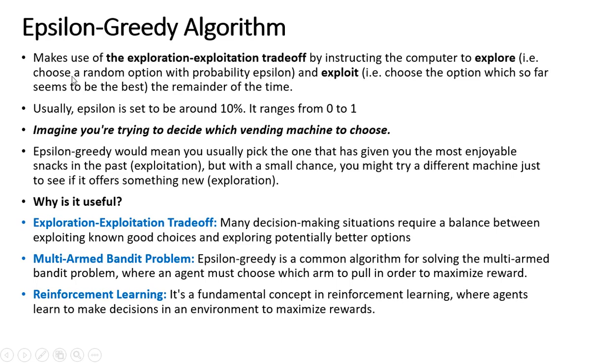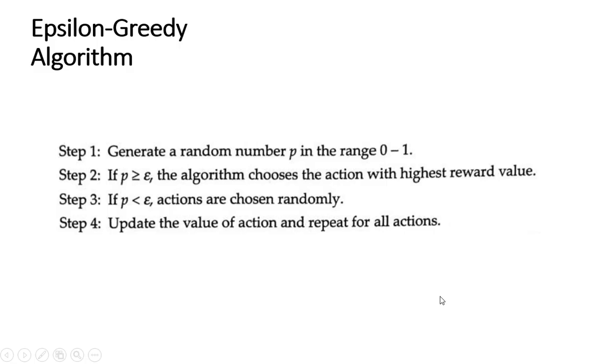It is going to explore the different possibilities. It is also going to use the exploitation approach where it is trying to find a suboptimal solution. So you will have a good balance between exploitation and exploration, and if I use this, I can overcome the multi-armed bandit problem, which we just saw. And this epsilon greedy algorithm is very commonly used in reinforcement learning.